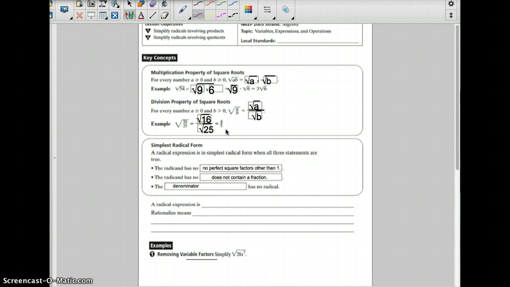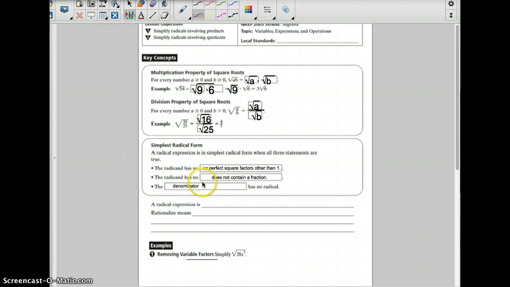So what is simplest radical form? Simplest radical form follows these three rules. A radical expression is in simplest radical form when all three statements are true. First, the radicand, that means the radical house, has no perfect square factors other than 1 inside it.